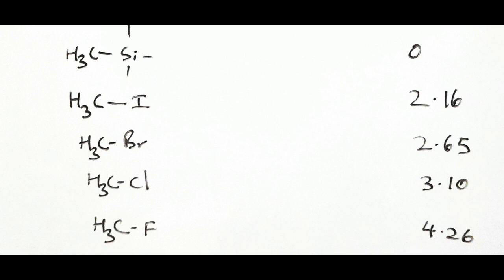In a molecule of methyl iodide, we have 3 carbon-hydrogen bonds and 1 carbon-iodine bond. Because of the electronegativity, the iodine attracts the electrons towards it. So, the electron density in the 3 CH bonds will be displaced towards the iodine atom.